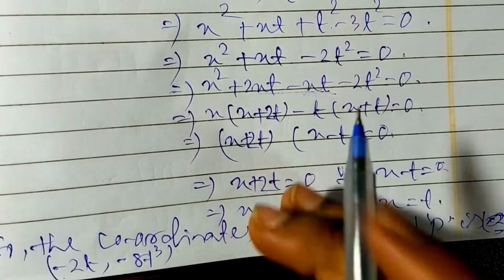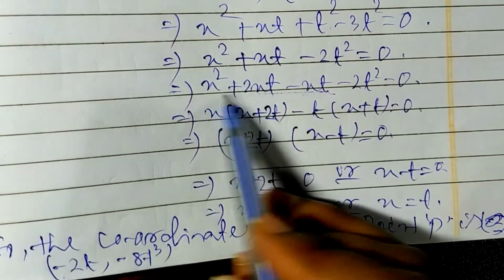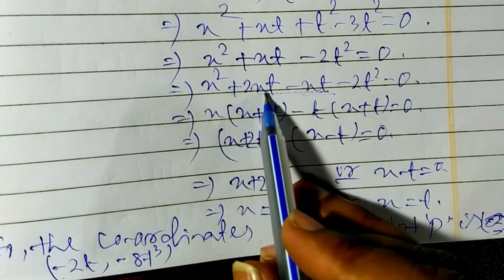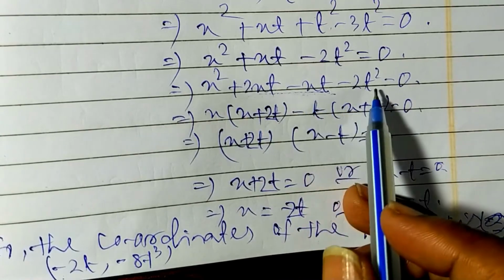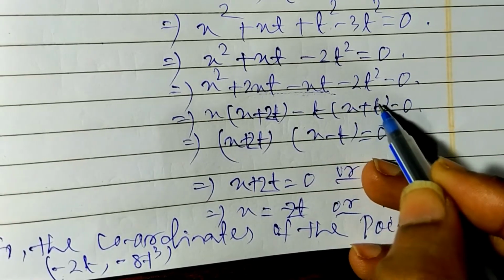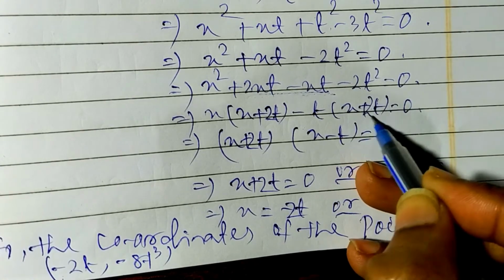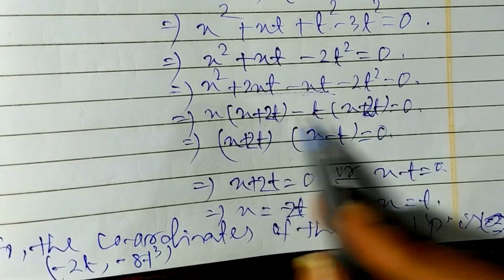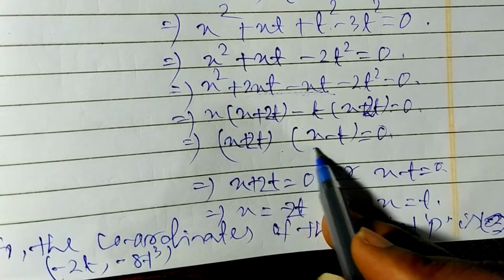Then we take common x from the first two terms, it will become x plus 2t. Then taking common minus t, it will become x plus 2t. Then from the whole we take common x plus 2t, it will become x minus t.